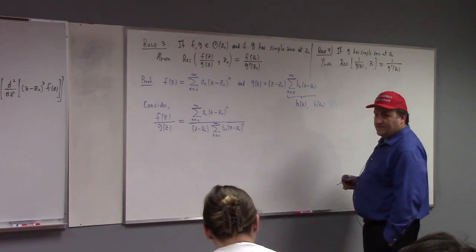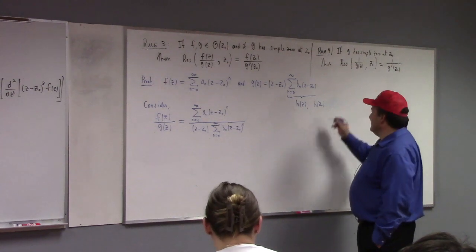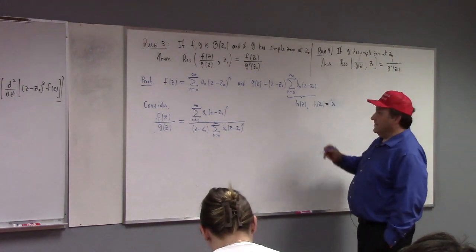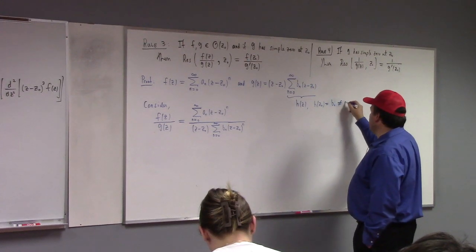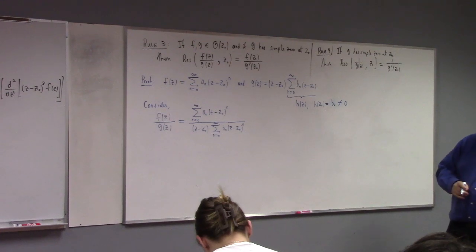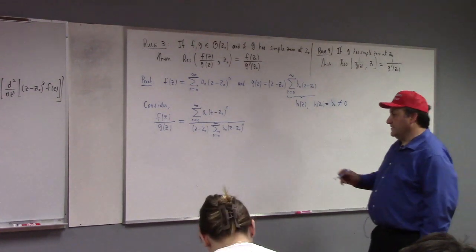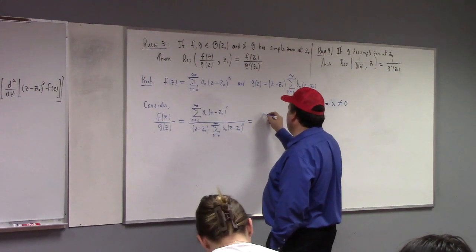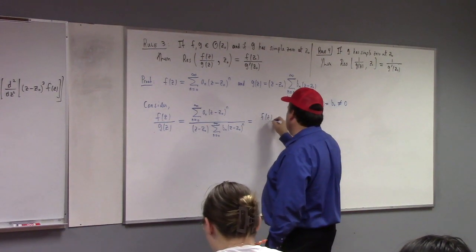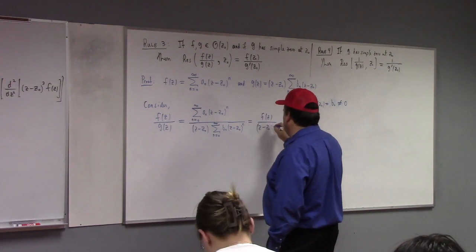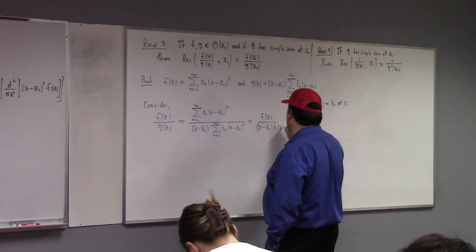It matters which order you write things. So this is equal to b naught, that we should all agree, and that is assumed to be not equal to 0. That's what it means for g to have a simple 0. I regret all this writing, because I don't think this really added anything. What we should have done is just be content to write f of z divided by z minus z naught times h of z. That would have been smarter.